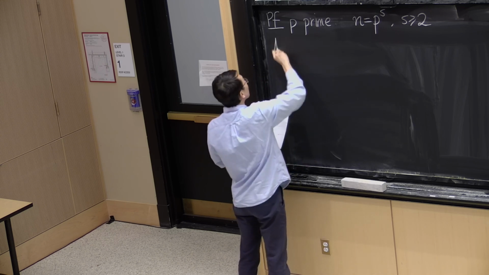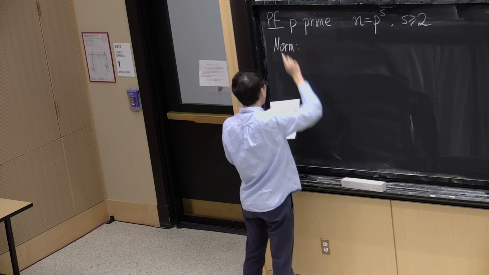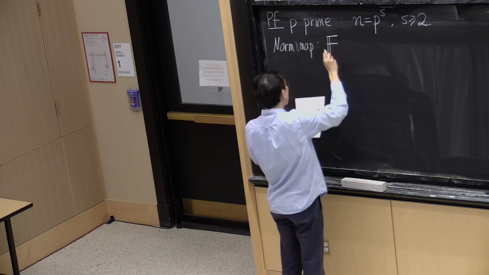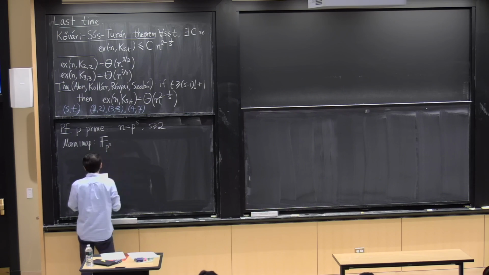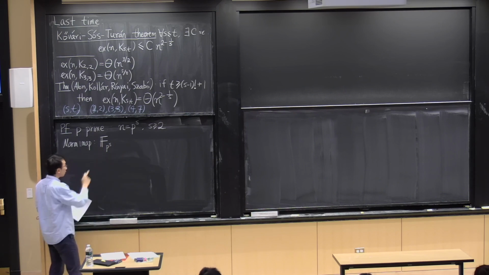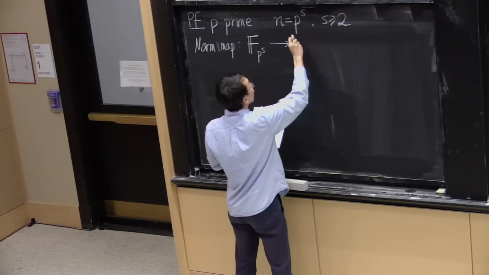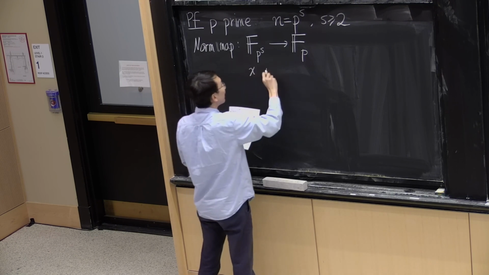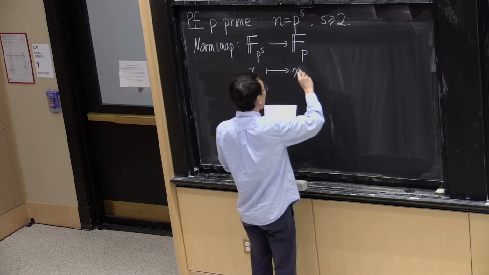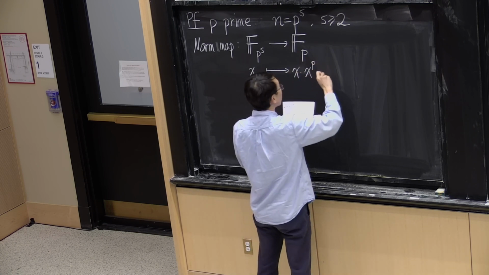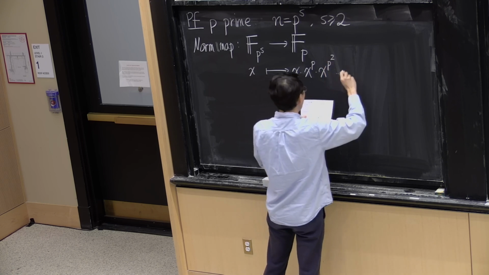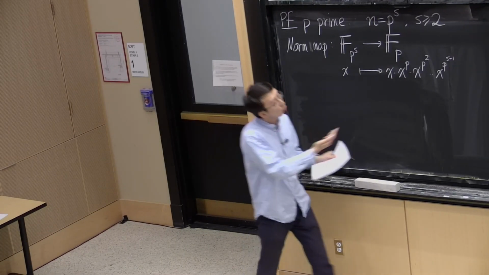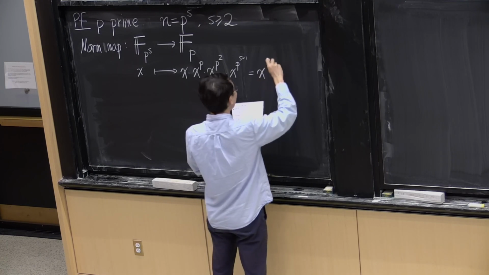Okay. To describe the construction, let me remind you of the norm map. If you have a field extension, and in this case specifically I'm looking at the field extension F_{p^s}, I can define a norm map sending x to the product of all the Galois conjugates of x in this field extension. So explicitly written out, it is that expression, which I can collect and write down like this.